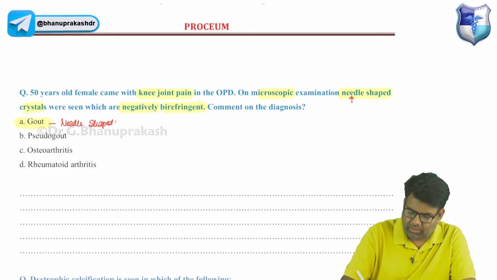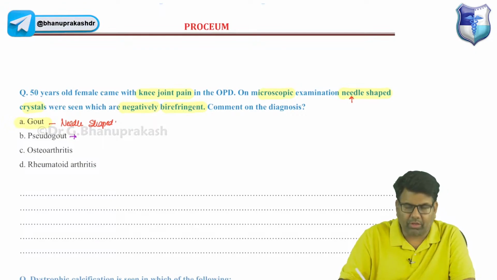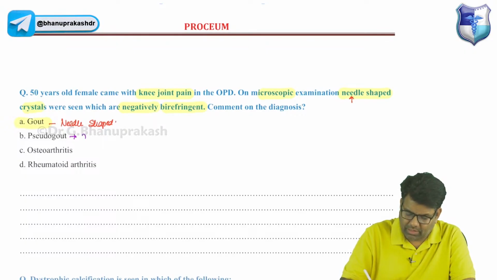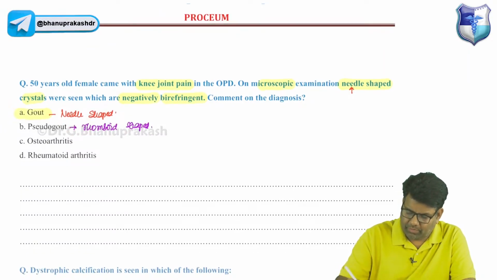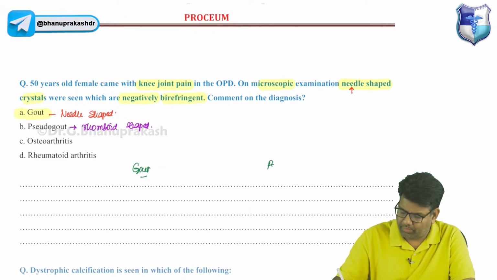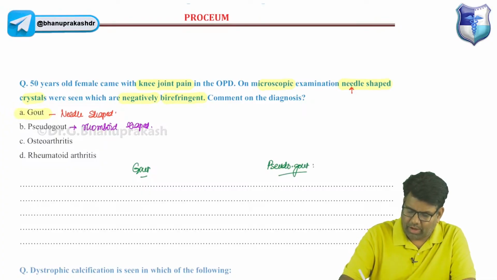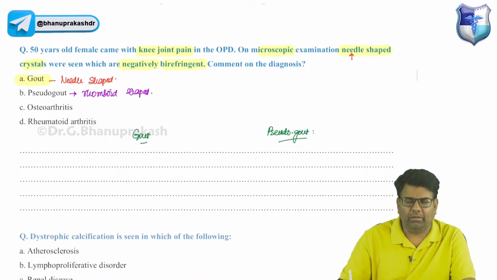And what is the arrangement or the shape of crystals in pseudo-gout? Yes, positive birefringence, and these are rhomboid shaped. So if we wish to differentiate gout from pseudo-gout, you have a few points.